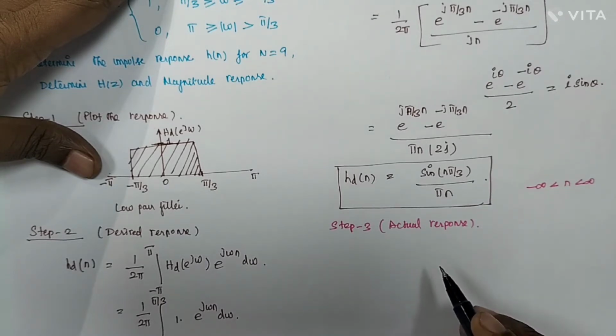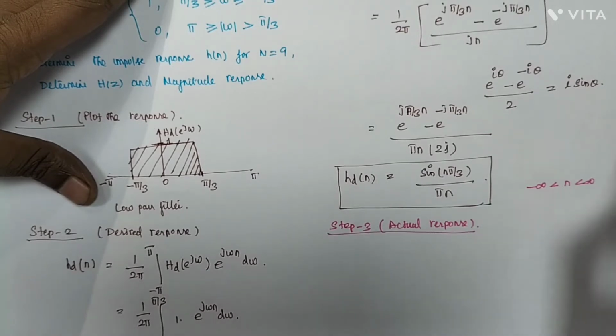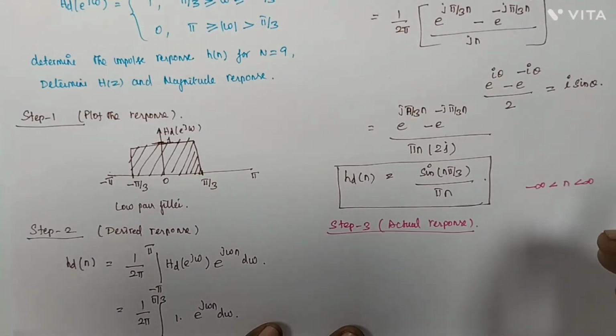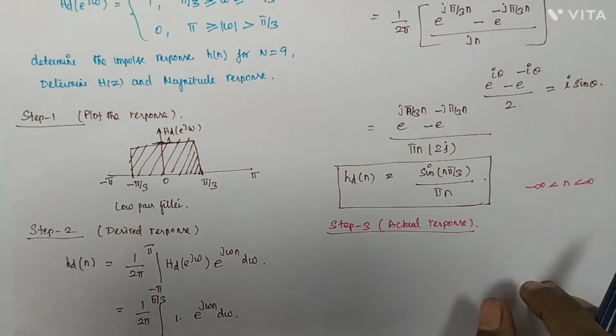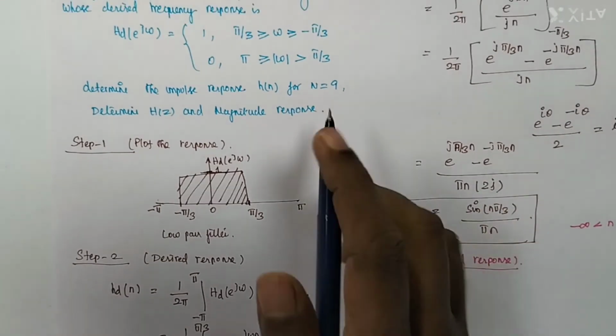Here, to find the actual response, we are converting this infinite duration into finite duration based on the number of samples. That is truncating the infinite sequence of hd of n to the given number of samples. Here in our problem, the sample is given as n is equal to 9.